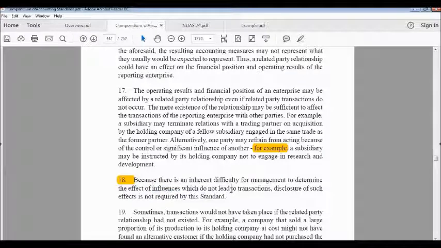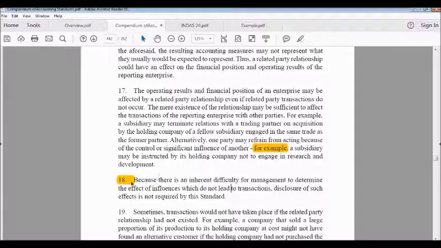Another question is how you can determine the amount due to which the subsidiary incurs financial or operating losses. No, you cannot determine the related party relationship amount in this case.